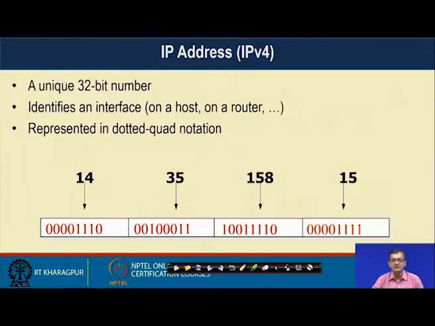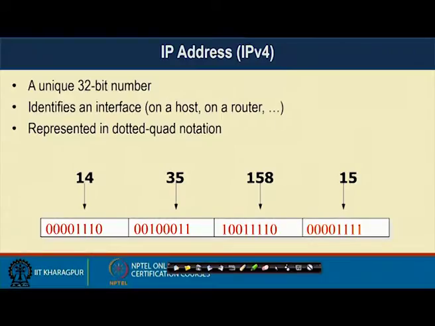In other words, two systems on the same network cannot have the same IP address, otherwise they will not be uniquely identified, right. But there are ways out, which will come slowly. Nevertheless, this is a logical address.